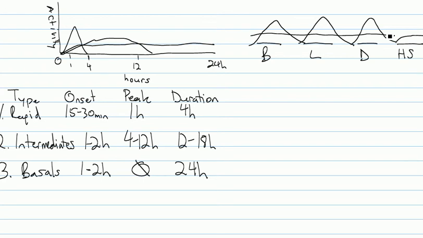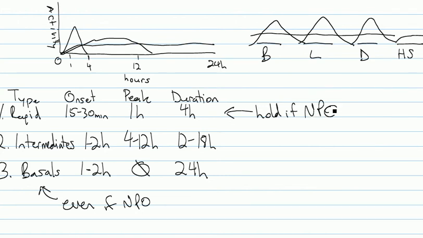Their basal insulin is what will meet their endogenous insulin production, the amount of sugar that they've still got floating around in their bloodstream. Now, their rapid, you are going to hold if they're not eating. Because, of course, that is insulin you give to match what they eat.